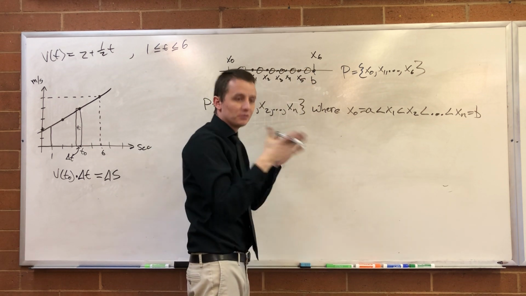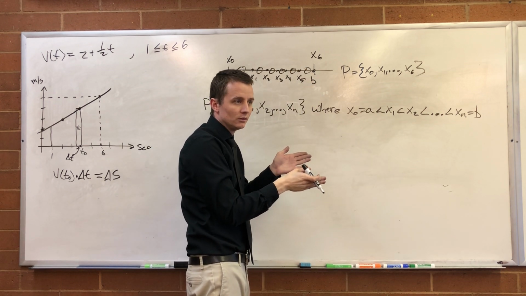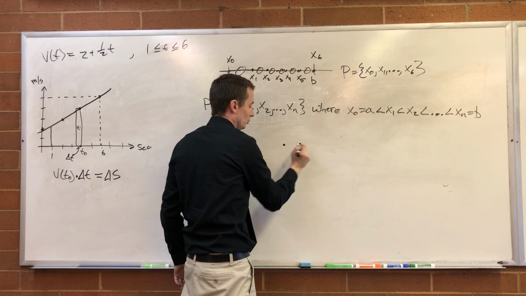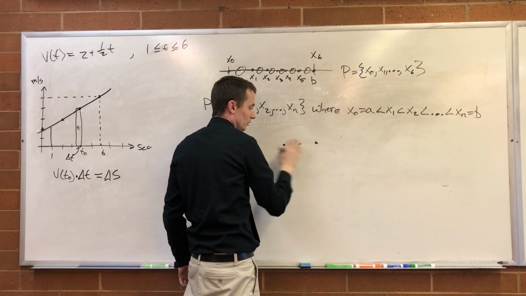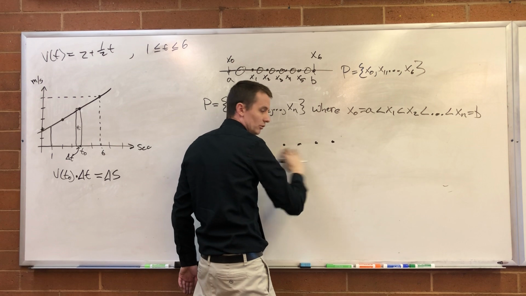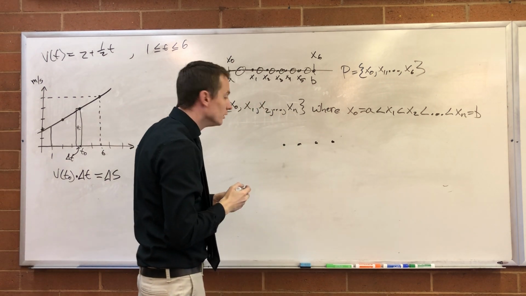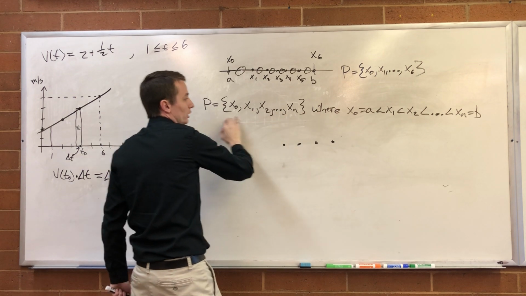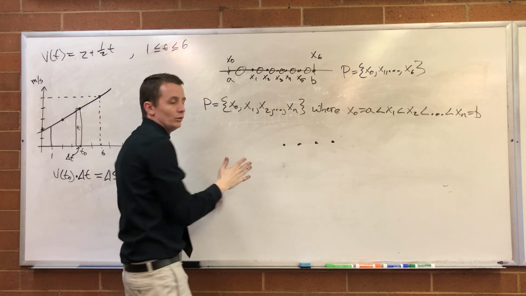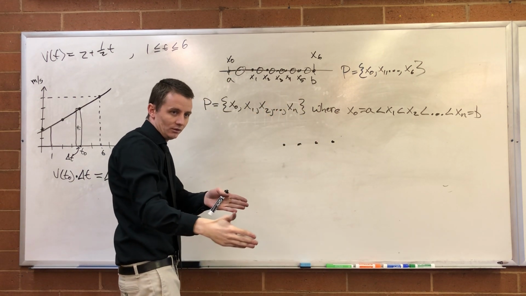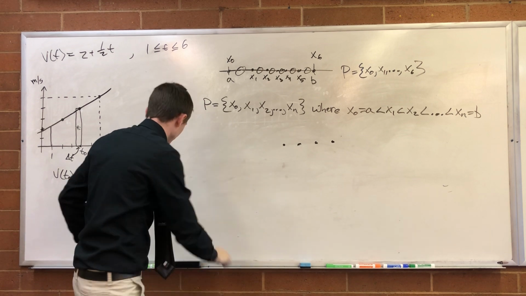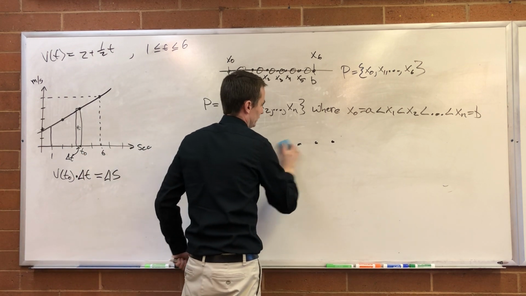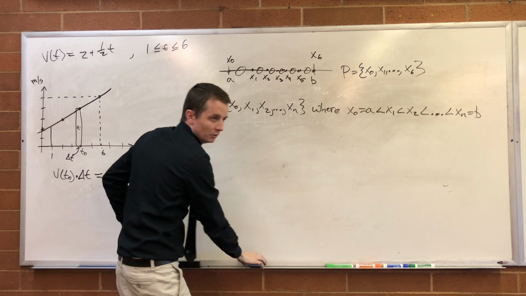So 7 points gives you 6 segments. 2 points gives you 1 segment. 3 points gives you 2 segments. 4 points gives you 3 segments, etc. So we start with x0, we go to x of n. This partitions AB into n segments, n pieces, n subintervals, whatever you want to call it. Okay. With me so far?